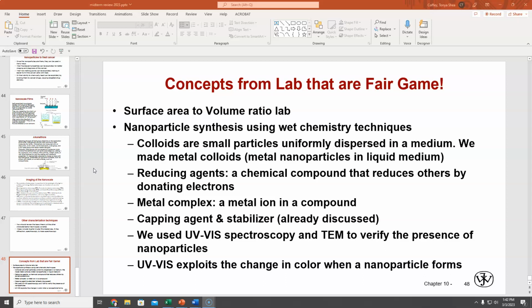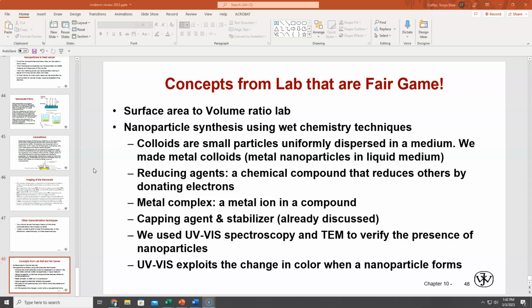We did a gold nanoparticle and a silver nanoparticle lab. So in both of those labs, we used the idea of a colloid. Remember that colloids are small particles uniformly dispersed in a medium. What we did was we made metal colloids, which are metal nanoparticles in a liquid medium.